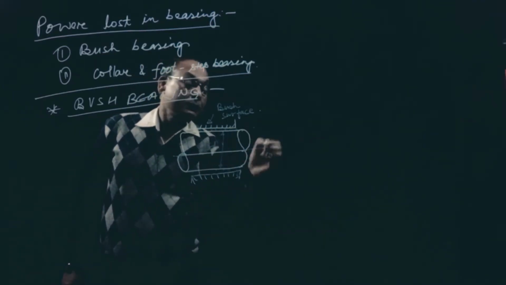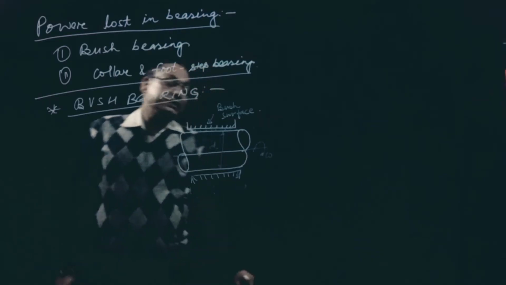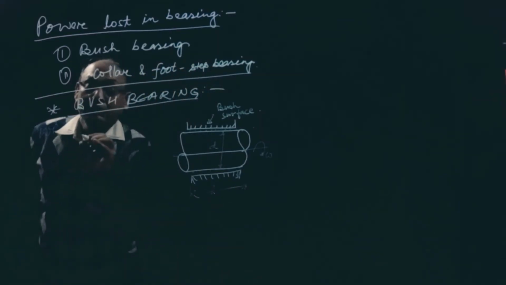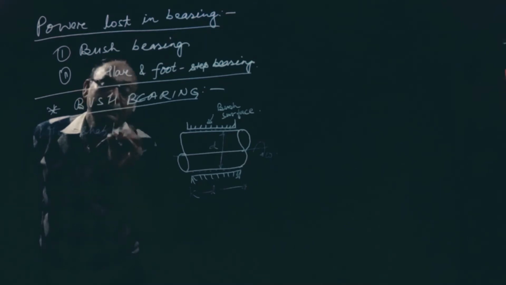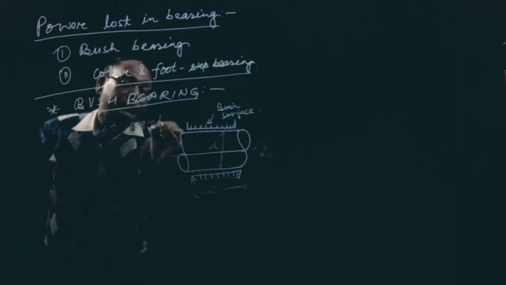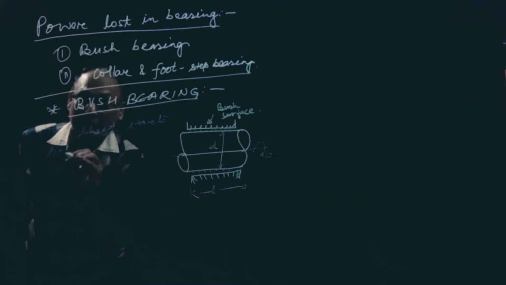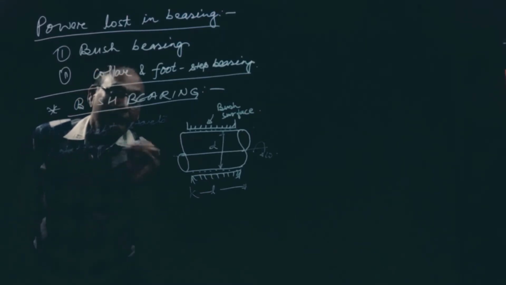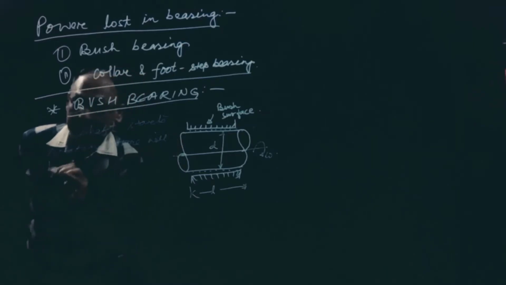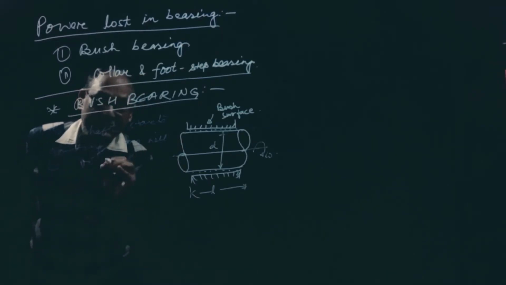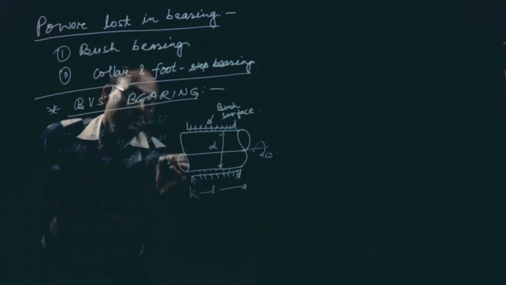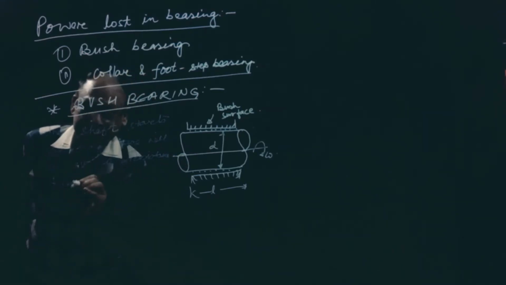When the shaft starts rotating, there will be viscous resistance, or we can call it frictional resistance.